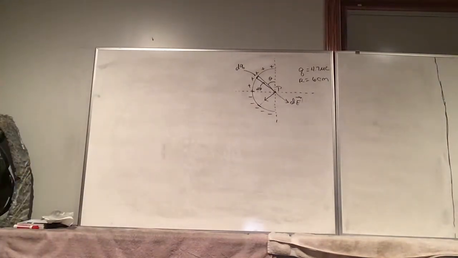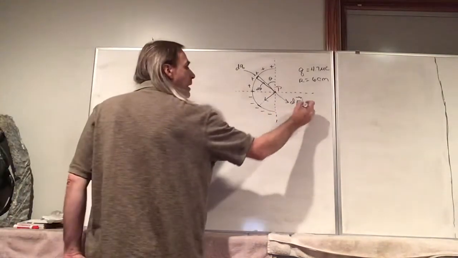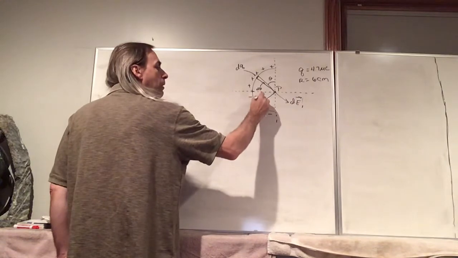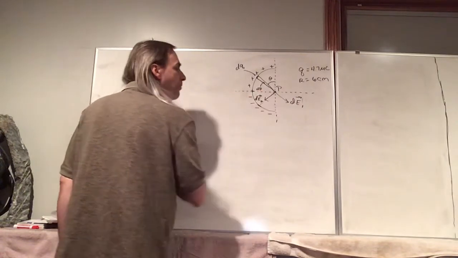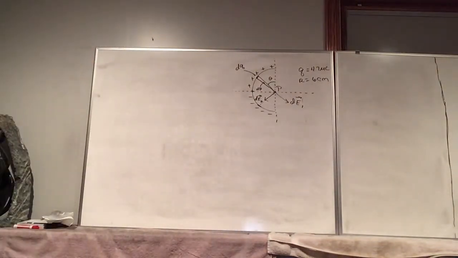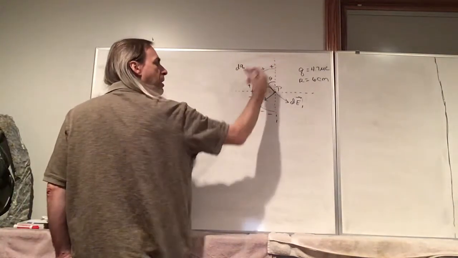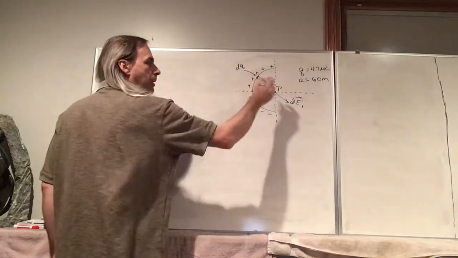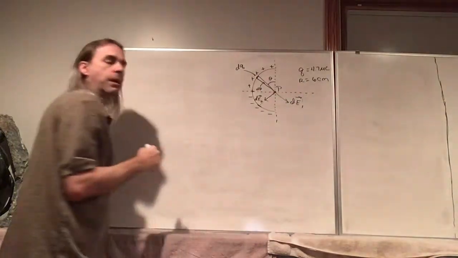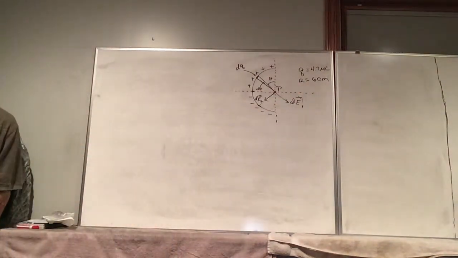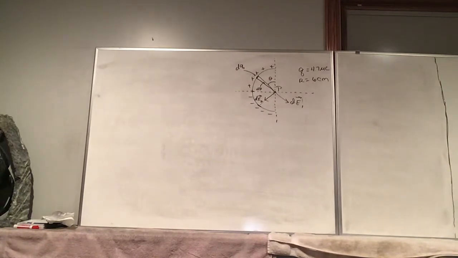And so if we add up these two electric fields, let's say dE1, this is dE2, the x components are going to cancel out. And that's going to happen for every portion above the x-axis, which is going to have a corresponding portion below the x-axis where the x components cancel out.